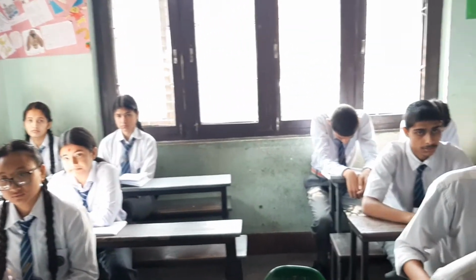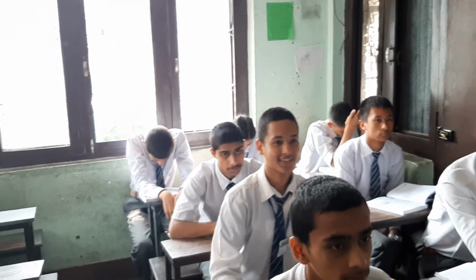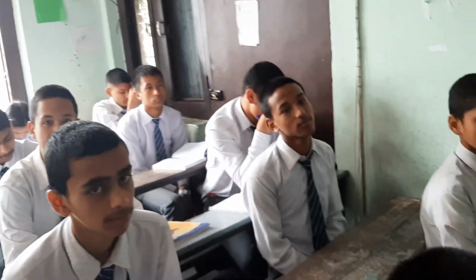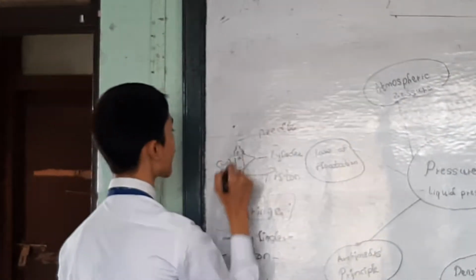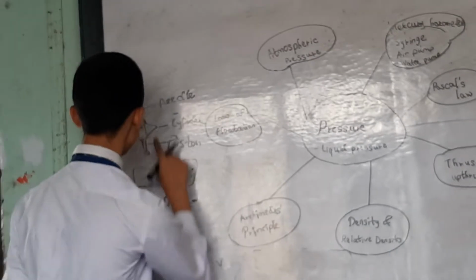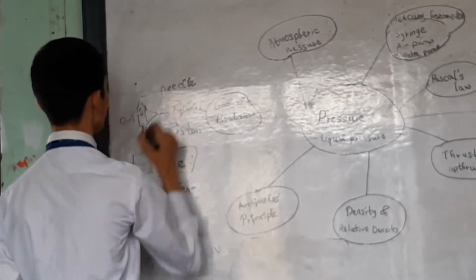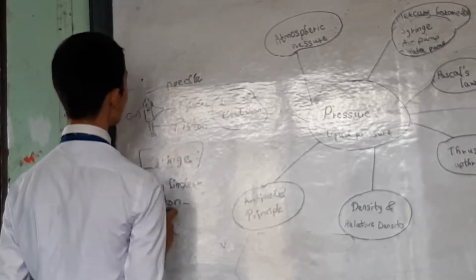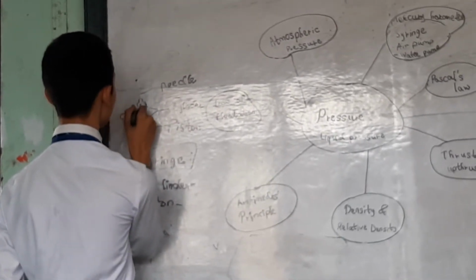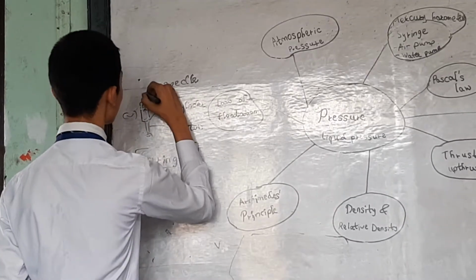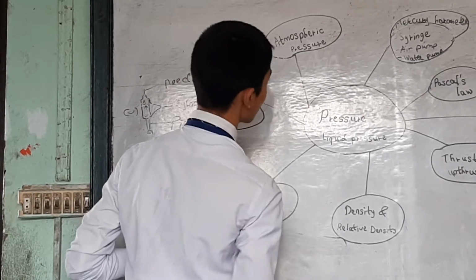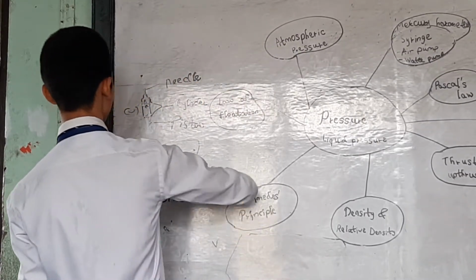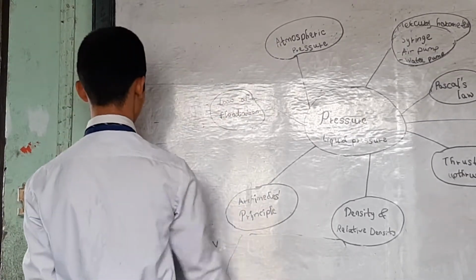So, it helps to pass the liquid into part A. When the piston is pushed, the volume of part A decreases, by which atmospheric pressure increases in part A. By this, the liquid can easily enter inside the body of the patient with the help of the needle. Now the next device which works based on atmospheric pressure is the air pump.